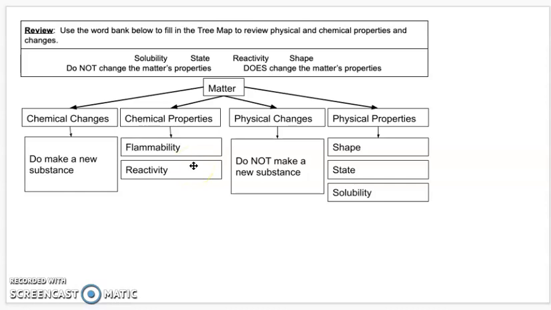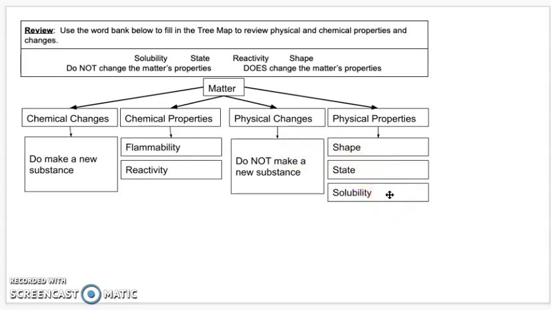And really, as a hint, you didn't light anything on fire. So you don't even have flammability. So you know for sure if you saw a new substance like a new color or bubbles, it's going to be reactivity. I also know if I made no new matter, I got a physical change, I only have 3 choices: shape, state, and solubility.